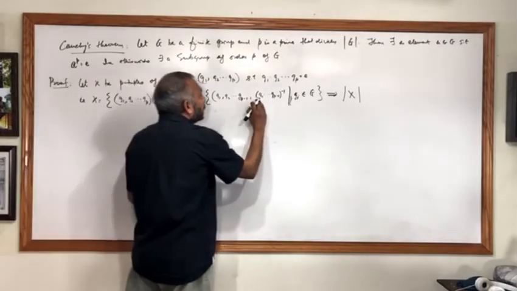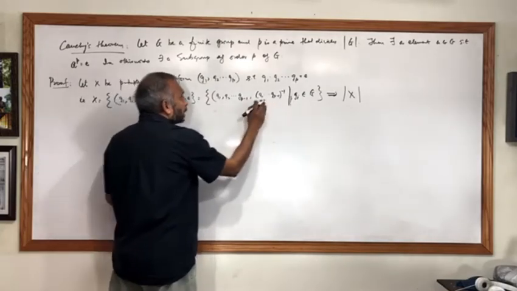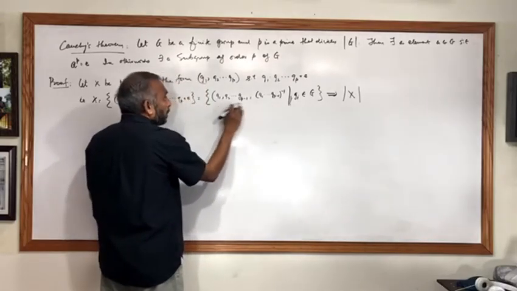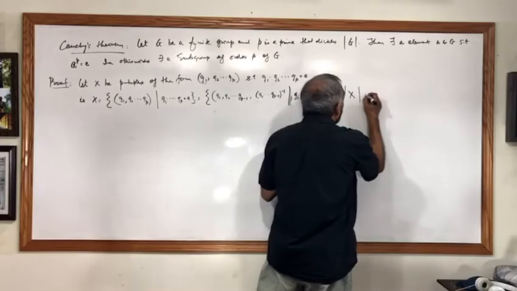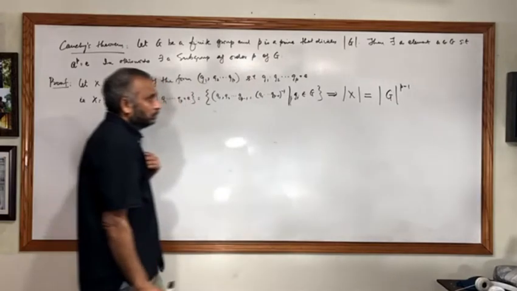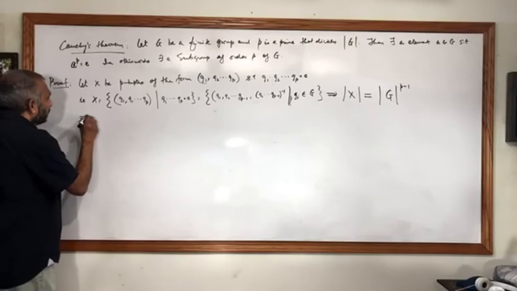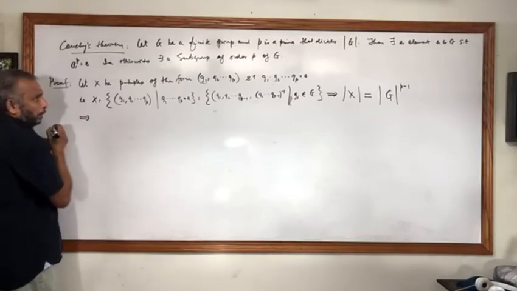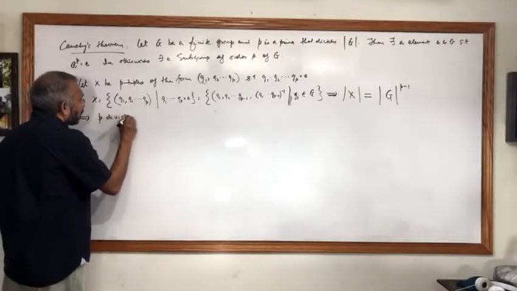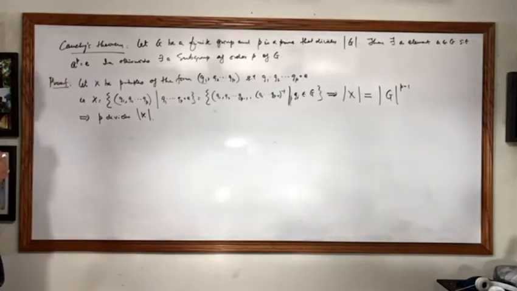Then the last coordinate of this tuple depends on the previous ones. So the number of elements in X is actually equal to the order of G to the power of p minus 1. And that implies p divides the order of X. Okay.